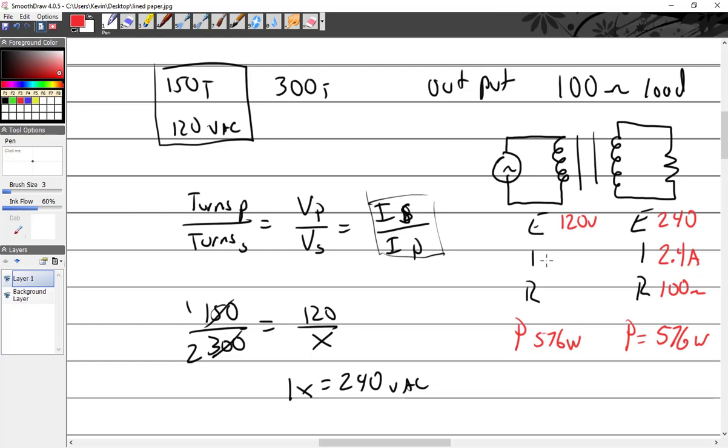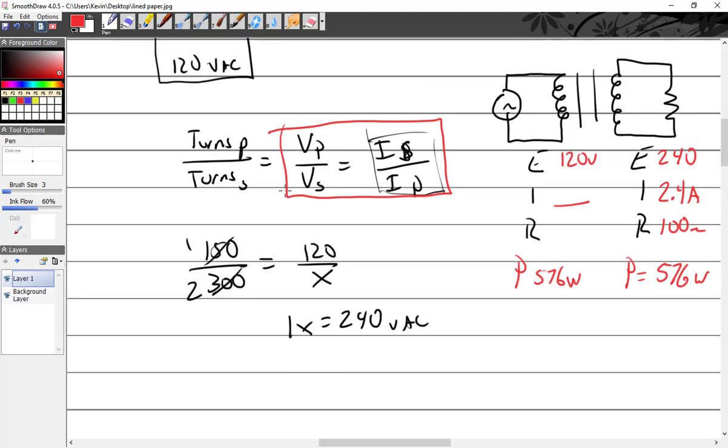Therefore, I can just fill in for I, or I can use the formula over here. Vs over Vp equals Ip over Is, so voltage in the primary, 120 over 240 equals I of S, I of the secondary is 2.4 over X. I could solve that way.